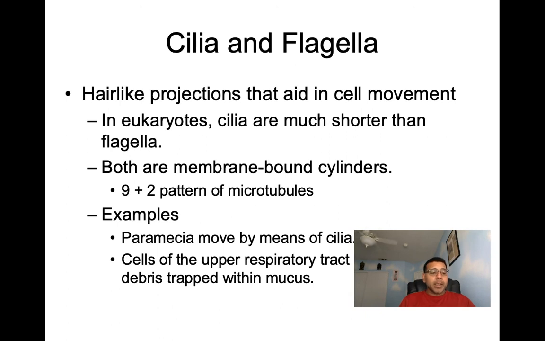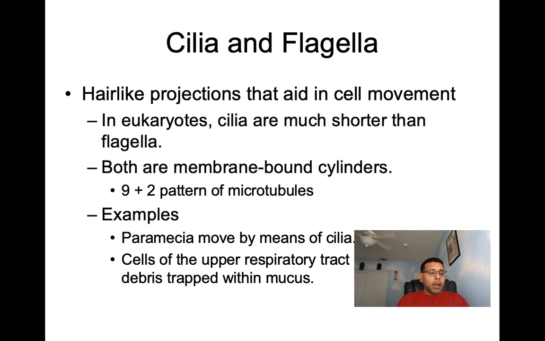Cilia will sweep debris back up into the throat where it can be swallowed or ejected. And what this does, it helps to keep the lungs clean. Cilia are shorter than flagella.